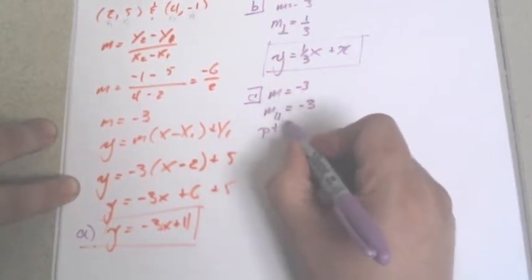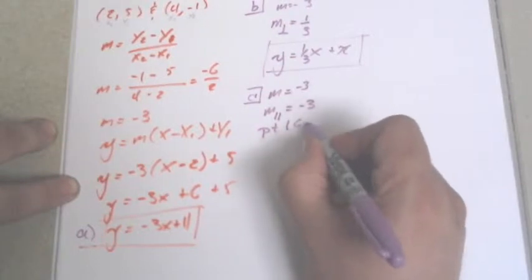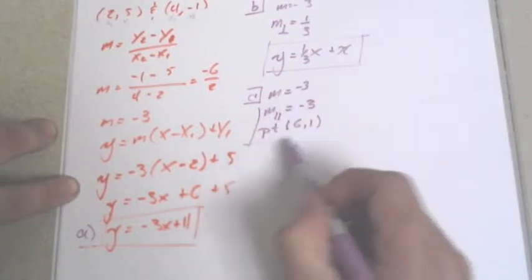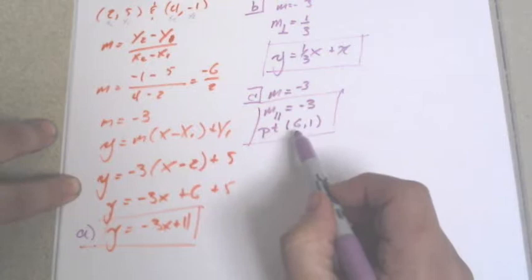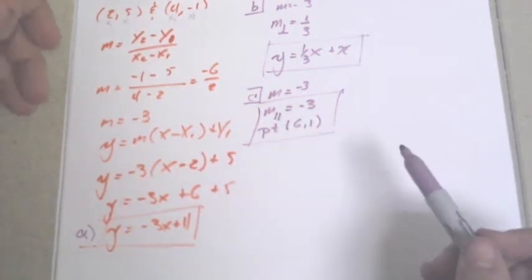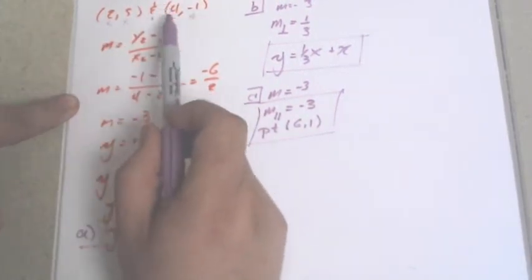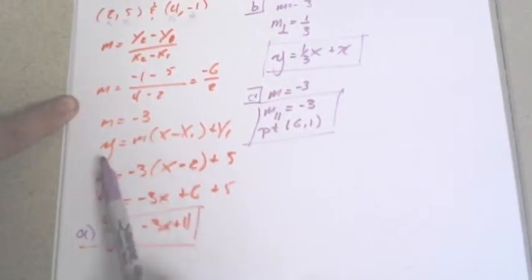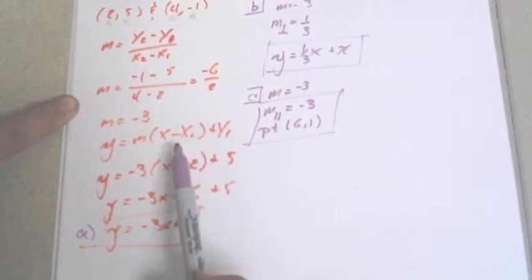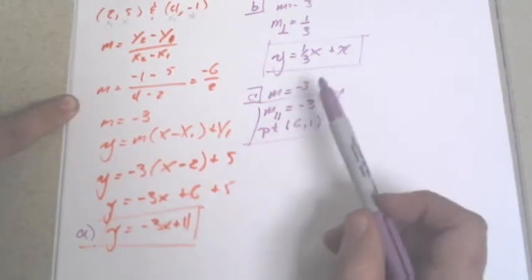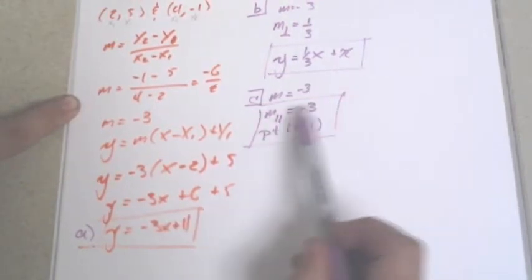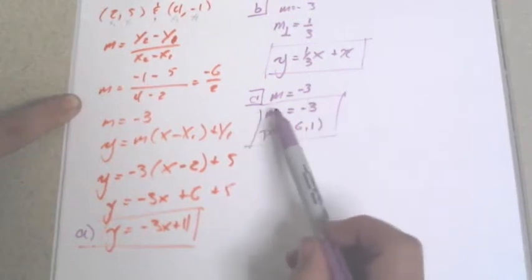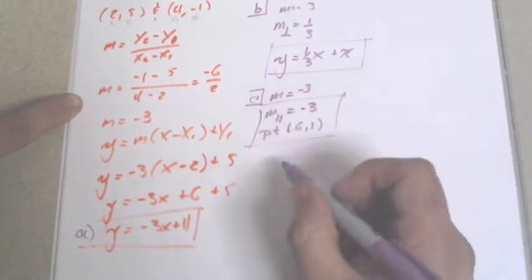And we want to pass through the point (6, 1). So we've been given a slope, we've been given a point, make a line. Here we were given a pair of points and had to figure the slope. Once we had the slope, we took the slope and a point, and made the line. Here the slope we want is told by the parallel, but once you have a slope and a point, you can make a line.